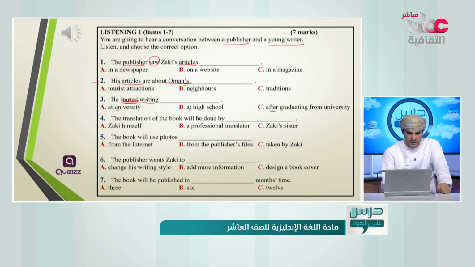Number 4. The translation of the book will be done by, who is going to translate Zaki's book? Zaki himself, or a professional translator, or Zaki's sister. So one of them is going to translate. Number 5, the book will use photos from the internet or publisher's files, or the ones that are taken by Zaki himself.